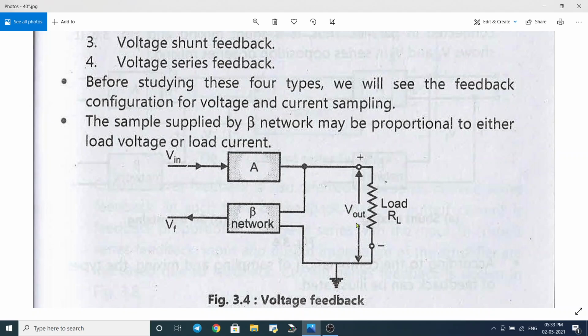This voltage is given to the feedback network. So load and feedback network are in parallel, and this voltage comes across this. So this is the sampling network having a feedback factor beta. This way we get the feedback voltage Vf.